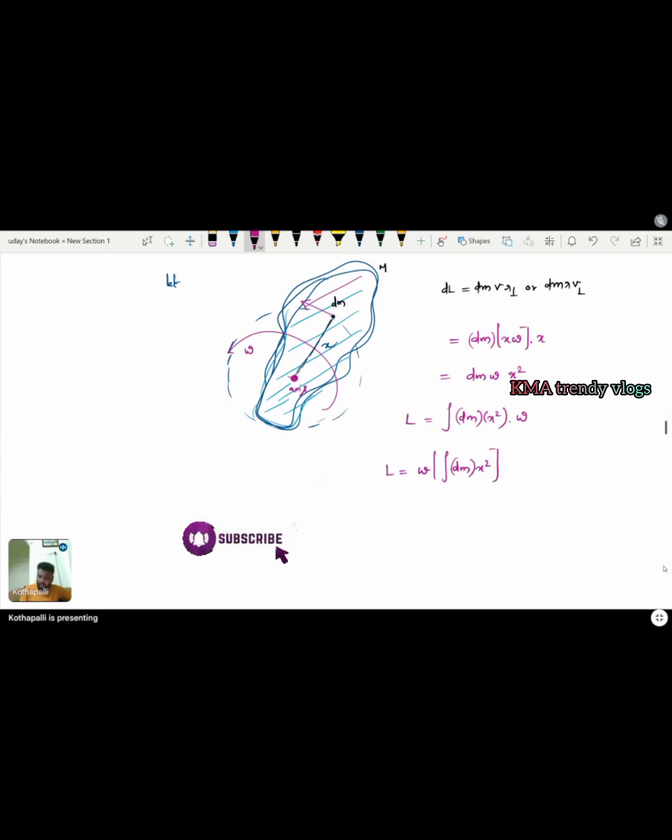Is it a known formula, have we seen this somewhere? What is dm into x squared? dm into x squared is nothing but moment of inertia, right? Mass into perpendicular distance squared.